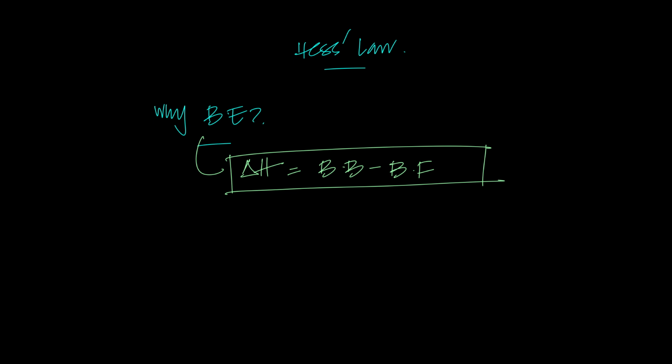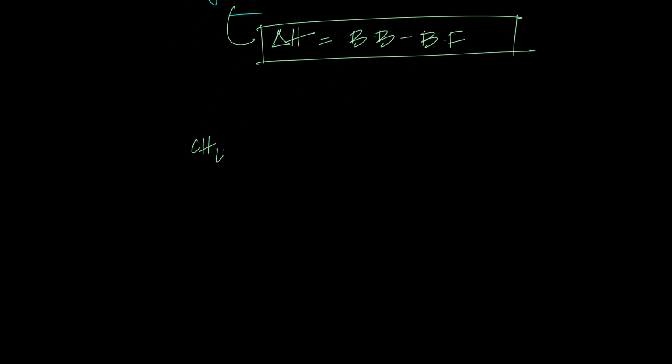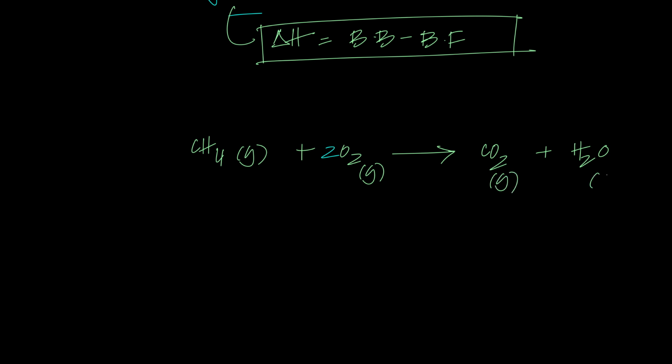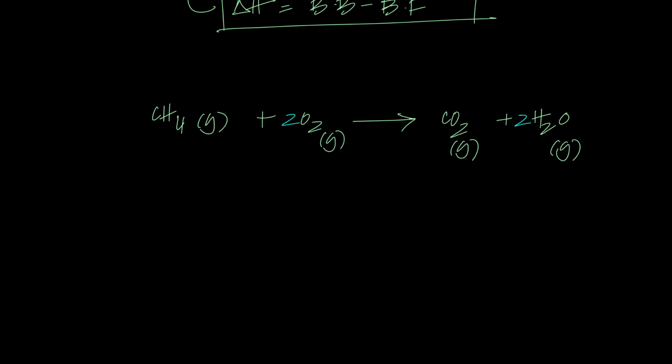Remember this? So these bond enthalpies, which were measurable for gaseous molecules, you were using them to calculate the enthalpy changes. I'll give you the most basic example, which you also studied in O-Levels and IGCSE: methane burns in oxygen, two oxygens obviously, and gives you carbon dioxide and water. Let's assume all are gases.